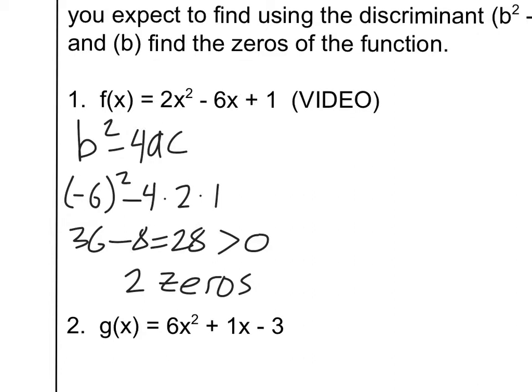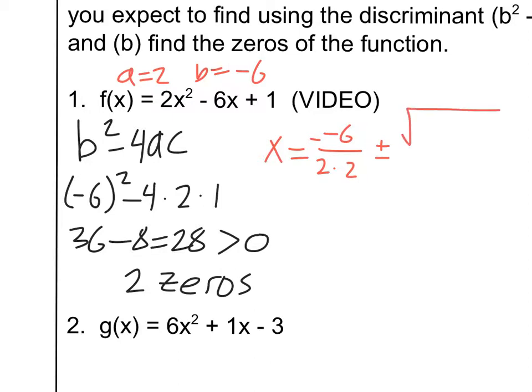Okay, now let's do the quadratic formula for this. So x equals negative b. That's b equals negative 6. So negative 6 over 2 times a equals 2, plus or minus the square root.